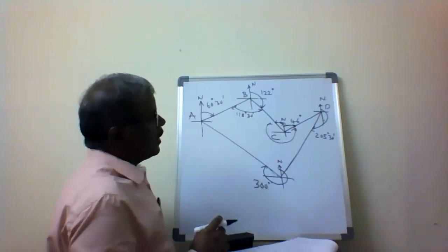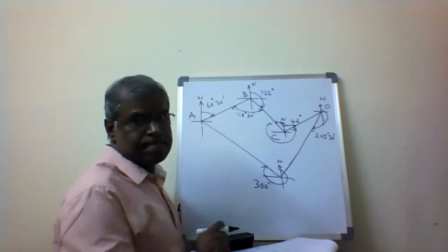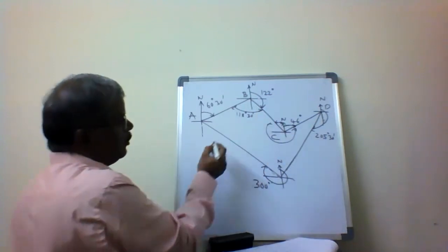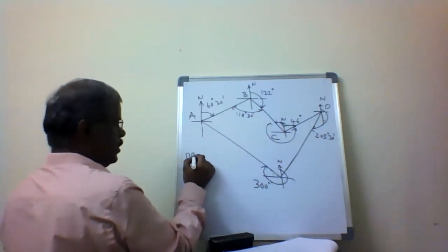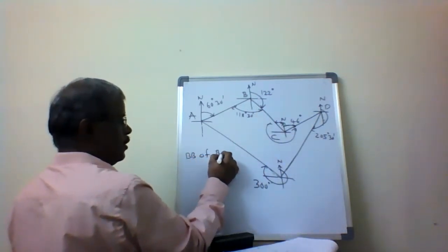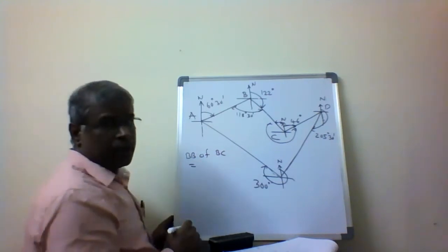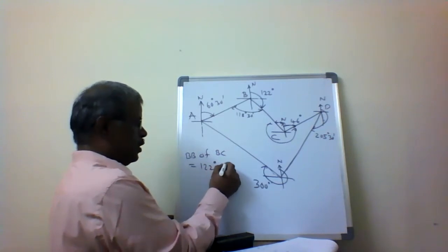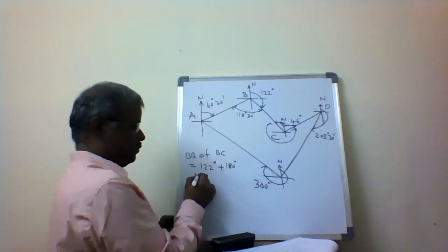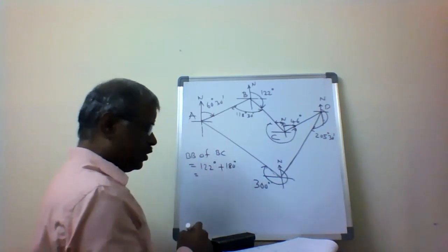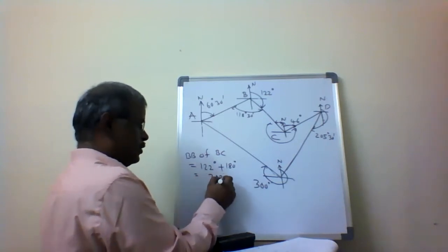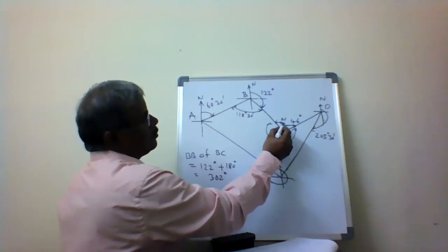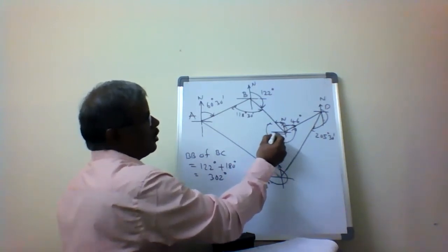Now I want to calculate angle C. The backward bearing of BC is 122 degrees plus 180 degrees, so that is 302 degrees. From here it is going to be 302 degrees.